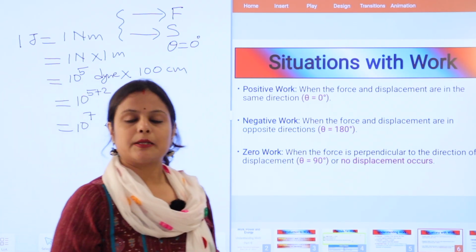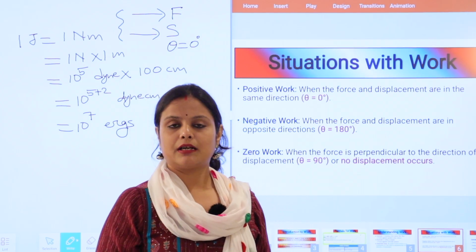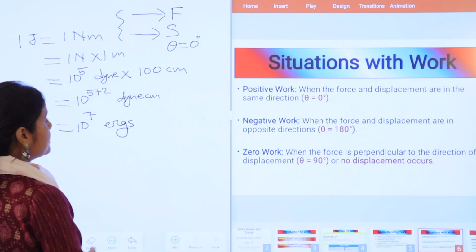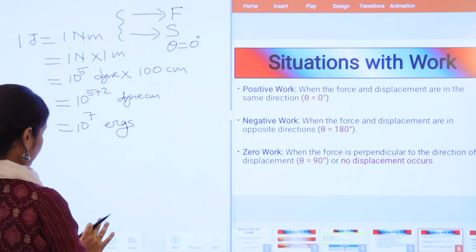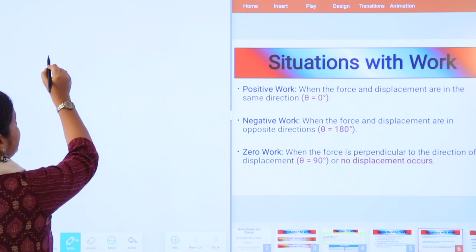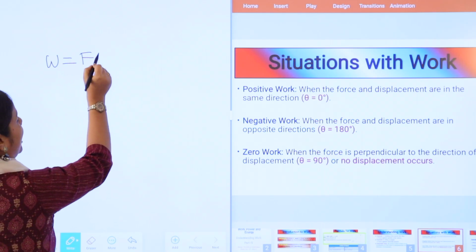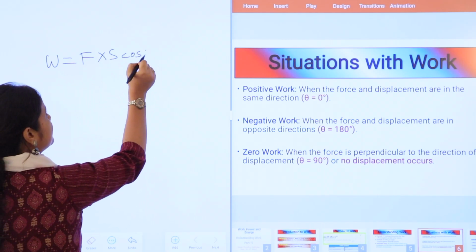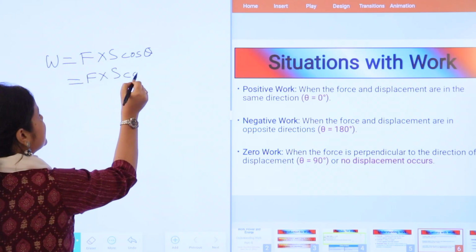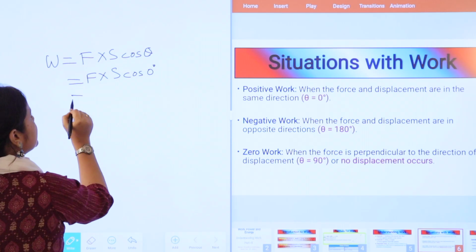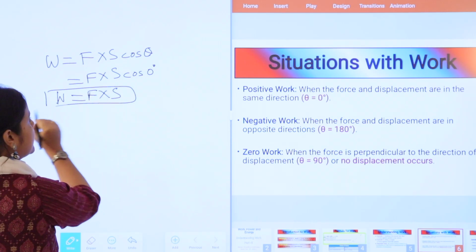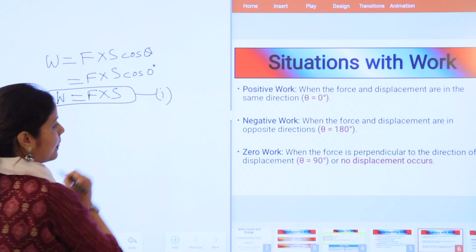From the trigonometrical table you know that cos 0 degree is 1. So in that case W equals F into S cos theta, where theta is 0 degree, and cos of 0 degree is 1. We have the positive work done in this first case.